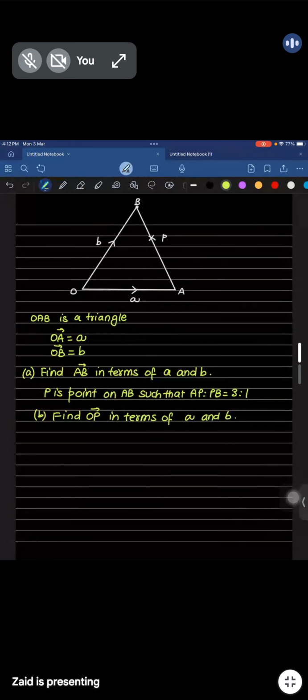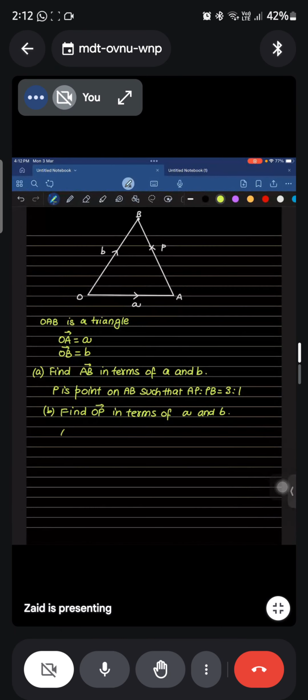So AB. Can anyone make the expression for AB? I first want you guys to write down the expression. How are we going to get AB?